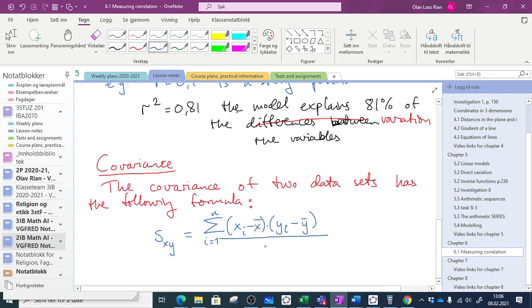And we divide the whole thing by the number of data pairs. So n is the number of data pairs. We'll look at an example soon. Yeah. So the x's belong to one data set, the y's belong to the other data set, and the x's and the y's make up these pairs, and the sets together have n pairs.